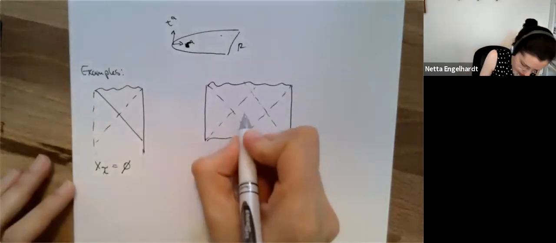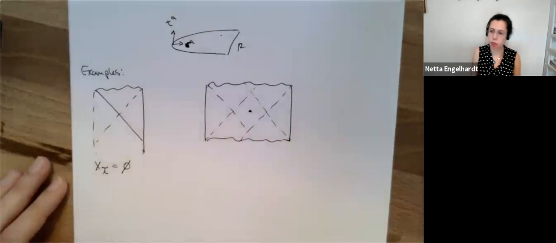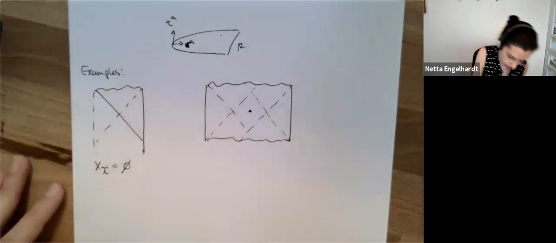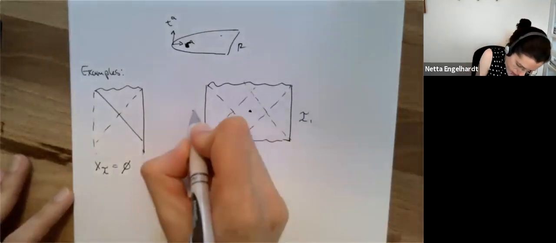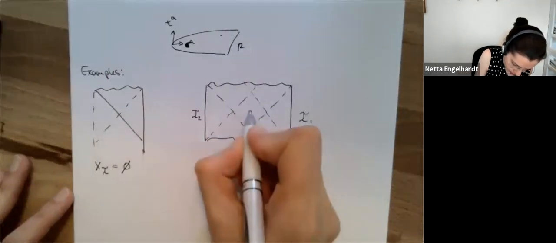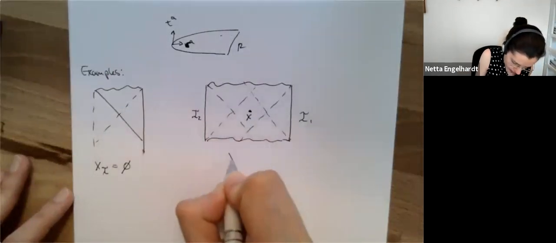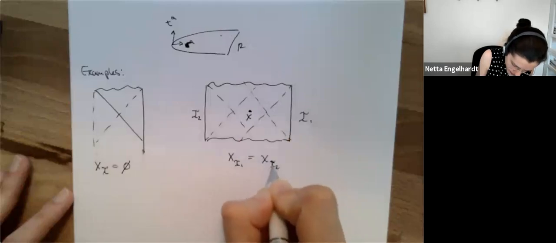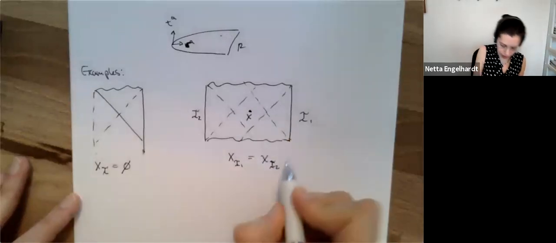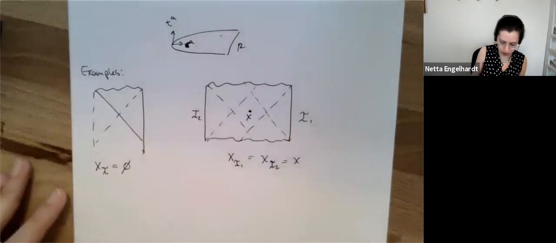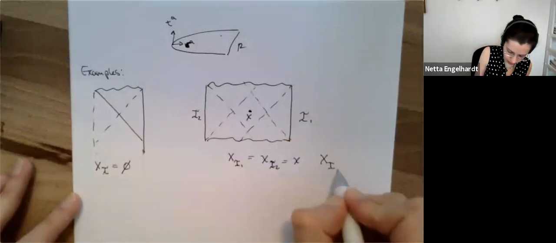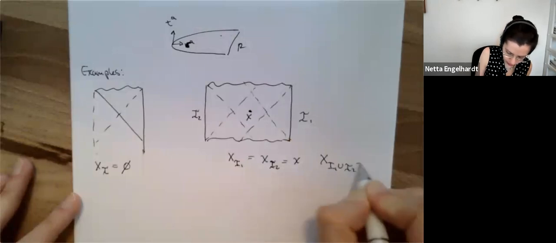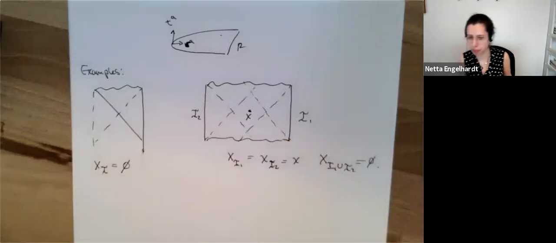So in this case, the extremal surface of one boundary, let's call these scry1 and scry2, let's call this X. So X of scry1 equals X of scry2 equals X. But X of scry1 union scry2 is the empty set.